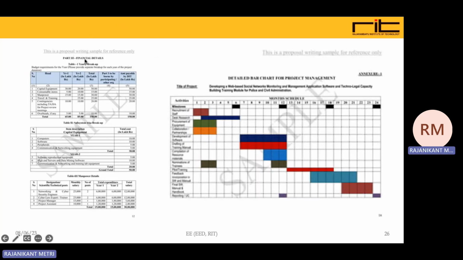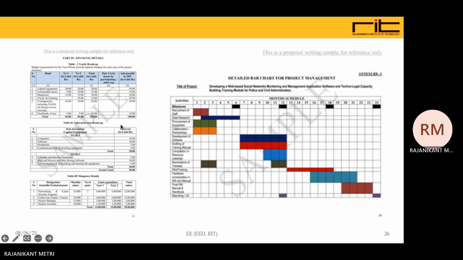Then part 3 is related to financial or budget, and here you can see the yearly breakup: capital equipment, consultancy, travel and testing, consumables, and overheads if any. Like that, year 1 and year 2 breakups are given and the total amount is represented: 65 lakhs and 85 lakhs, 150 lakhs.